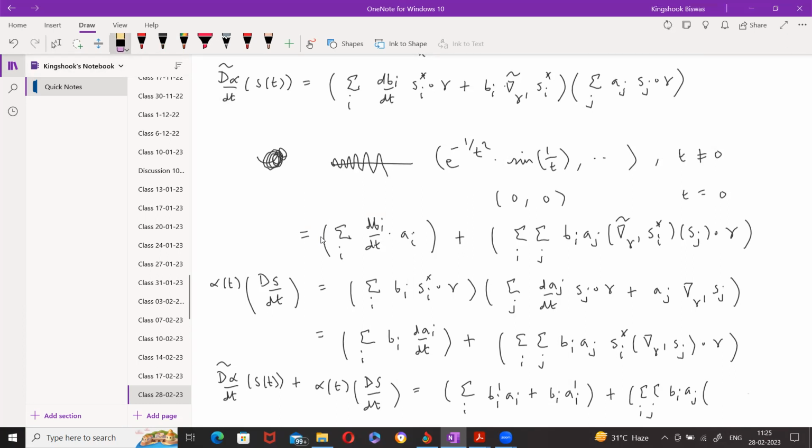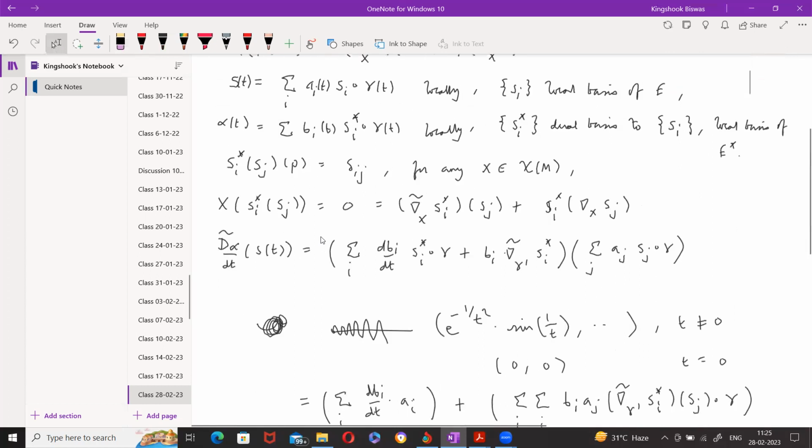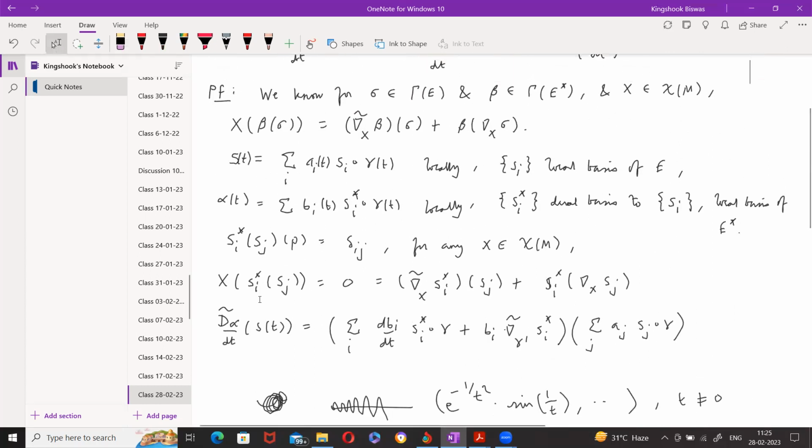This will be by the property we had here. For any vector field x, nabla tilde x Si star Sj plus Si star of nabla x Sj is 0 for any vector field x, right?